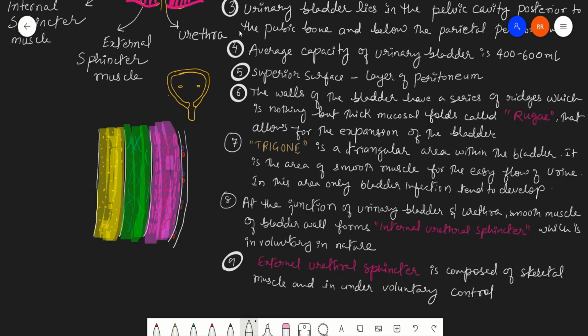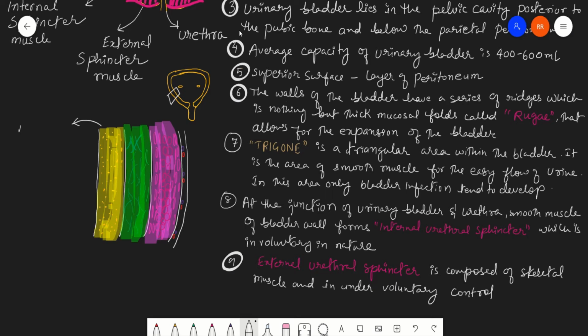And if we take a cross section of the urinary bladder wall, we basically find three layers, just like in the ureter. The inner layer is the mucosa, which is depicted in this yellow color.